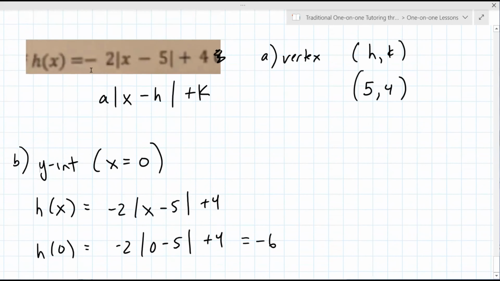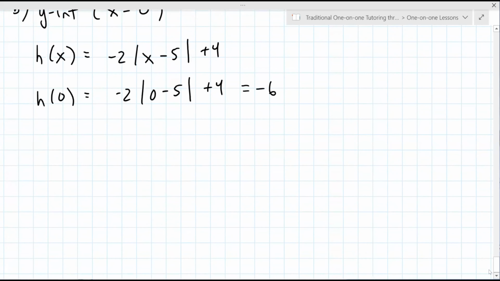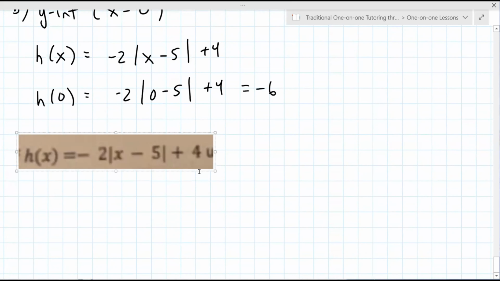Okay, so now we'll do part C, which is determining the x-intercepts, and the x-intercepts are when y equals 0.